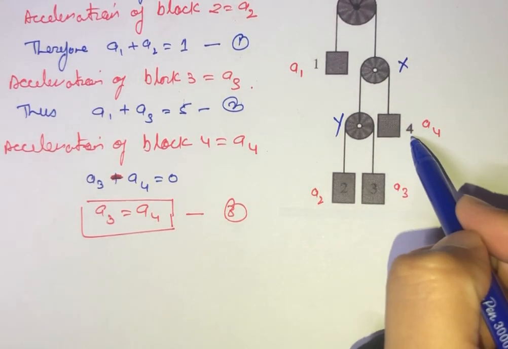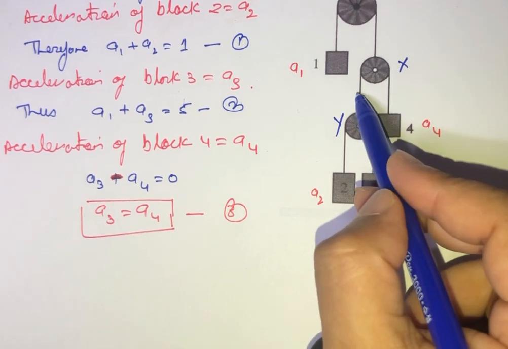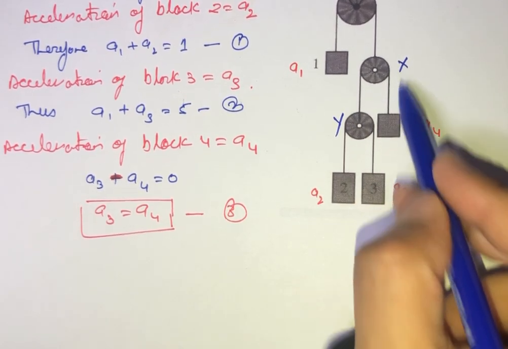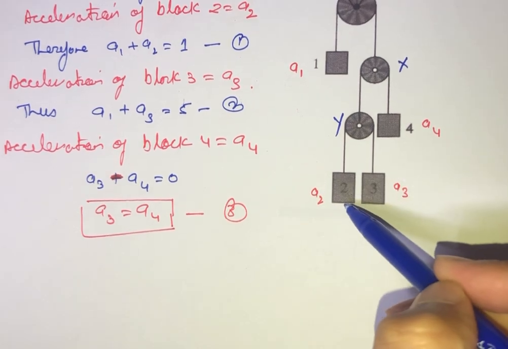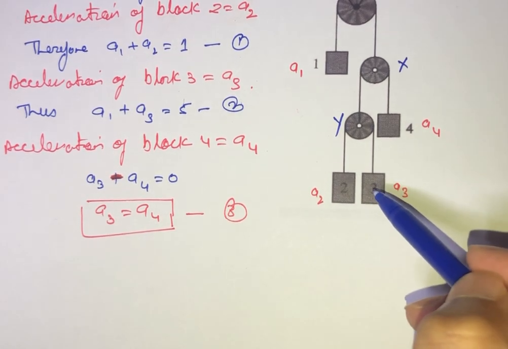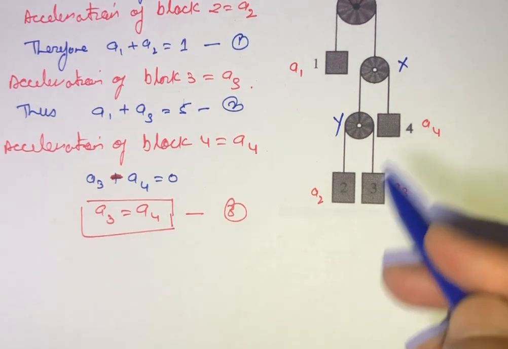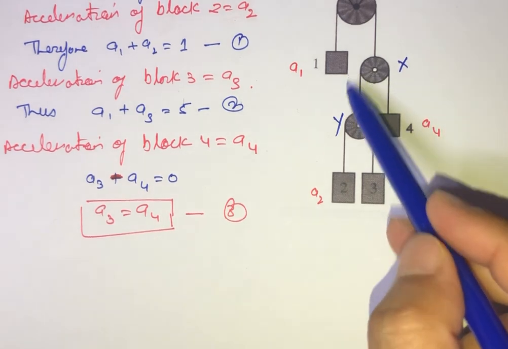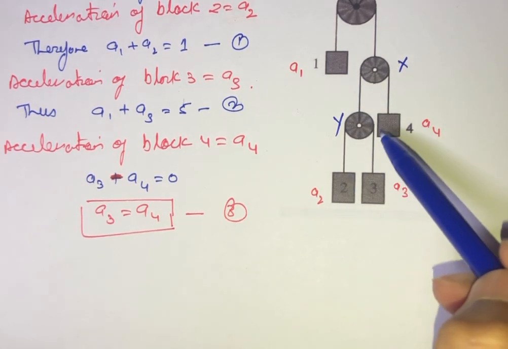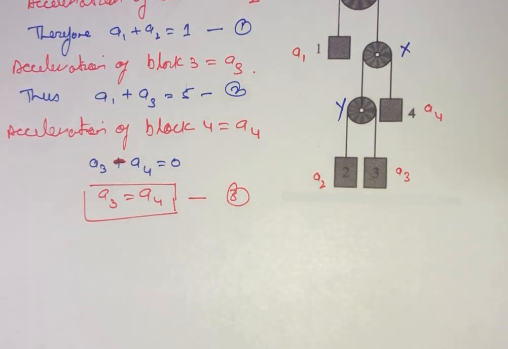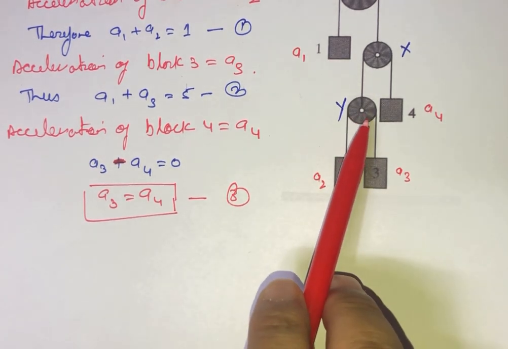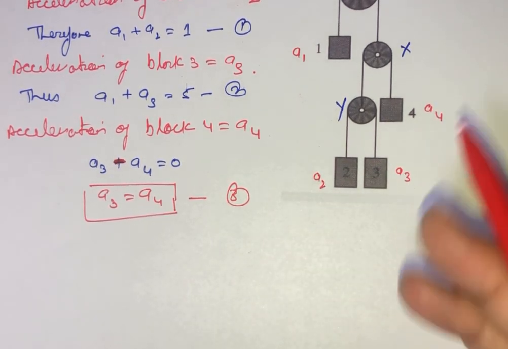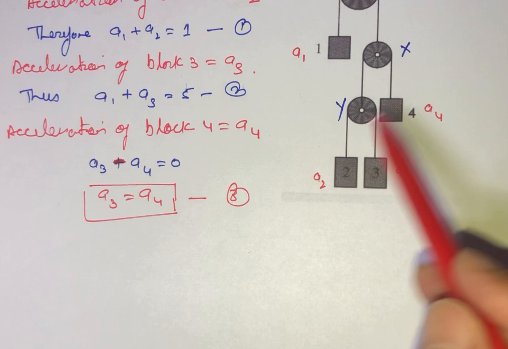So therefore we can say block 4 and pulley y will be moving respectively as a multiple of x, and similarly this can be written with respect to block 2 as well as block 3, or then we can double differentiate it, and then we are going to get the equation for the acceleration. Or we can also directly write the equation for the acceleration. There is no need for writing the block displacement in terms of x, and then double differentiate it, and then we are going to get the same equation as we are going to write it with the help of a direct formulation.